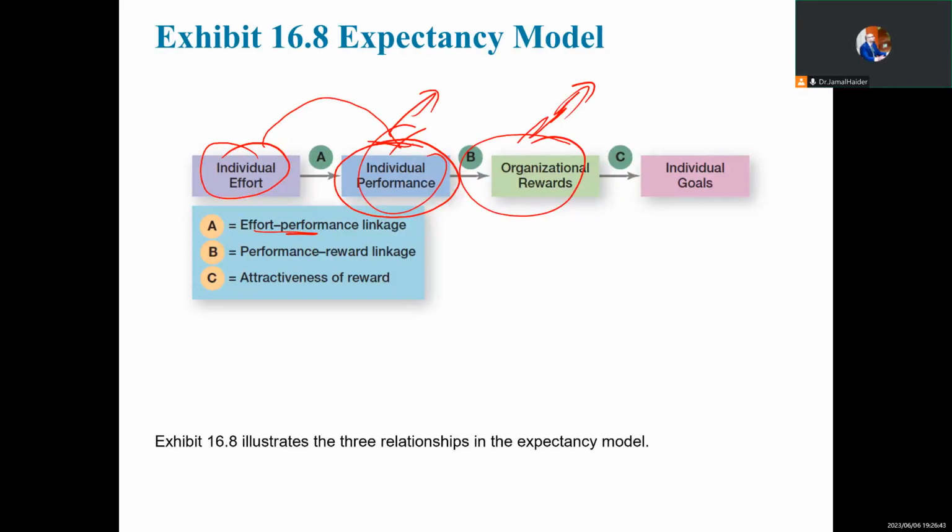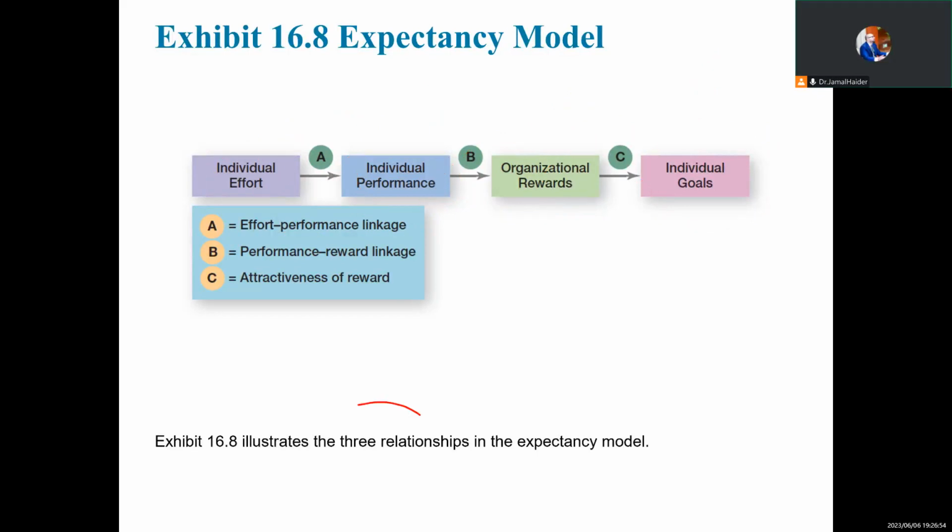And then when reward and your individual goal are aligned, you stay with the organization. So this theory gives you three relationships.